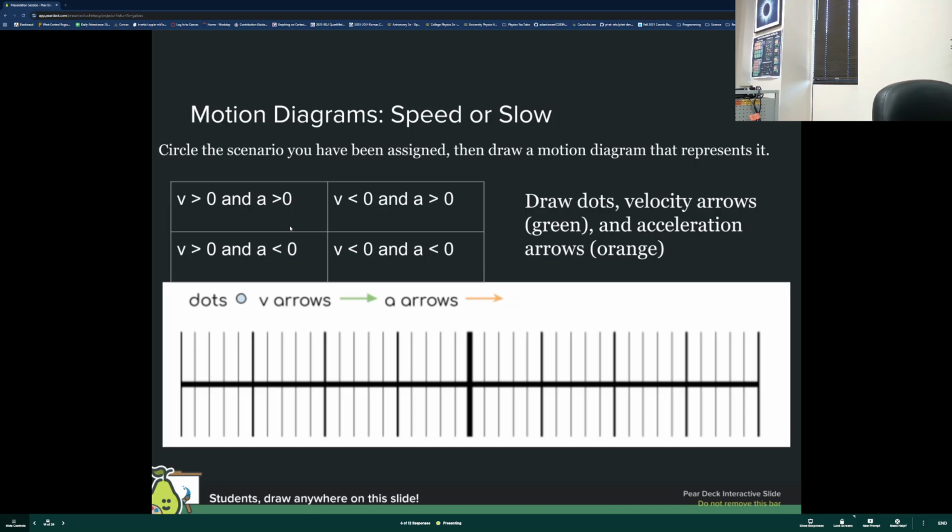I'm not going to make a big deal out of it if you put an acceleration vector at the first and last dot, but again, formally you wouldn't, because for the last dot, there's a before velocity, but there's no after velocity, so you can't talk about how the after velocity has changed. And then the opposite with the first dot, there's an after, but there's not a before, so you can't talk about how the before vector has changed.